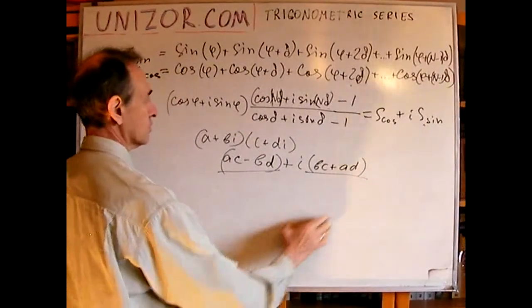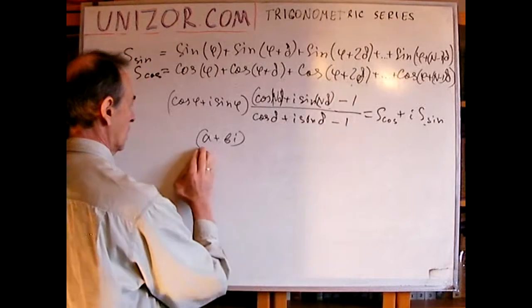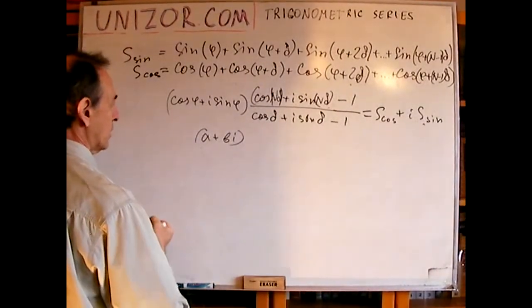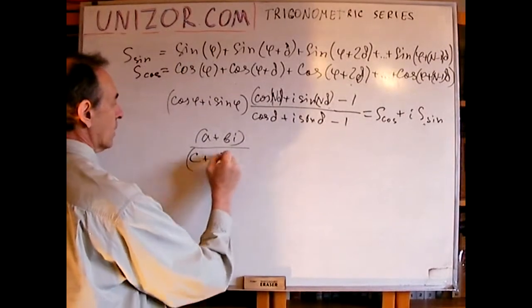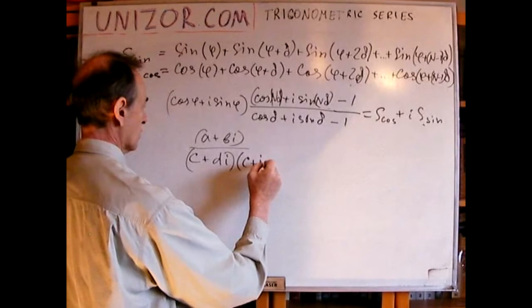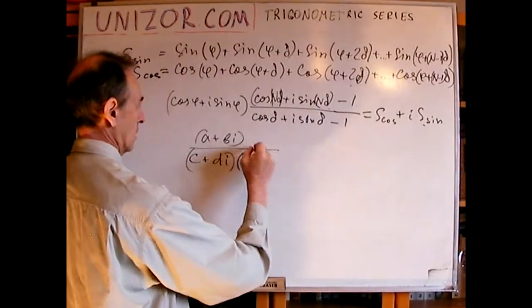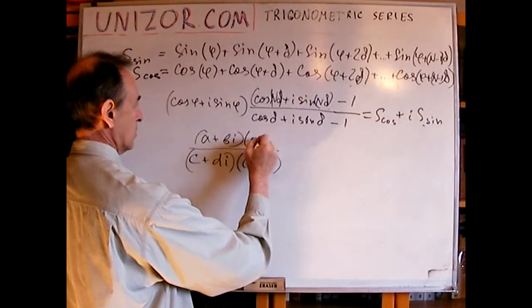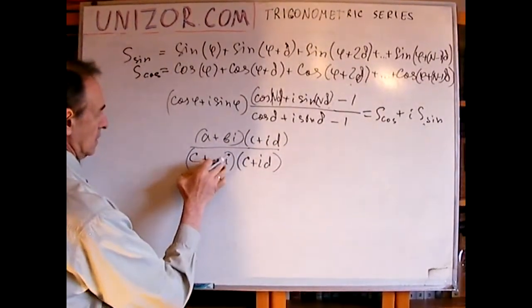Now, we want to divide something. Well, that's easy too. If you want to divide A plus BI by C plus DI, all you have to do is multiply by the conjugate, C minus ID.